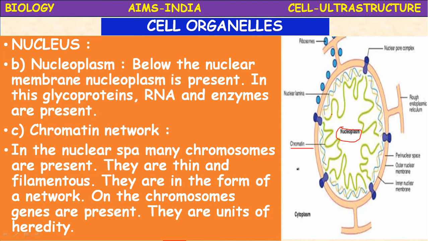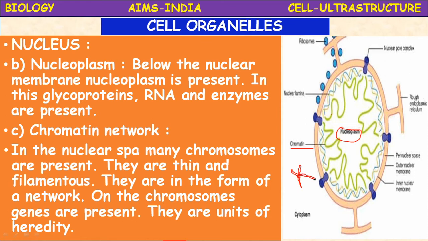For example, this is the chromatin network, like this, thread-like structures. This chromatin network, during cell division, breaks into chromosomes. Let us consider it as a chromosome.